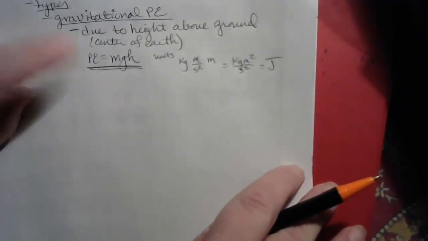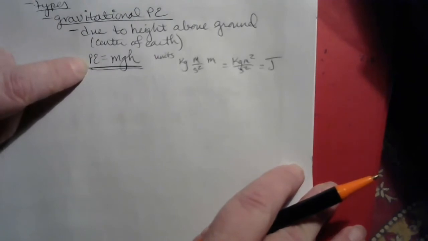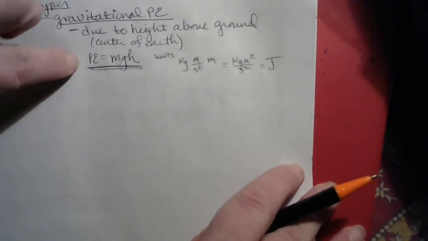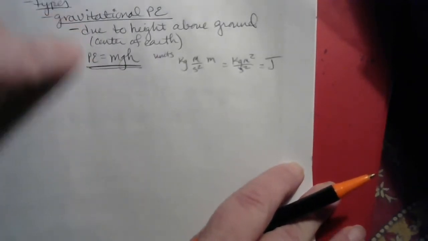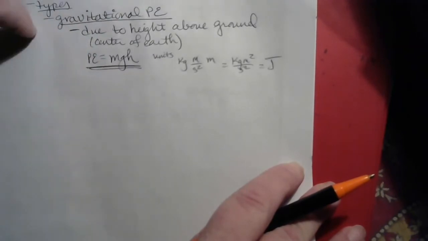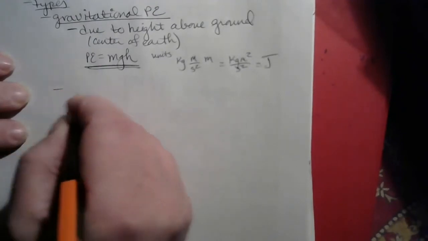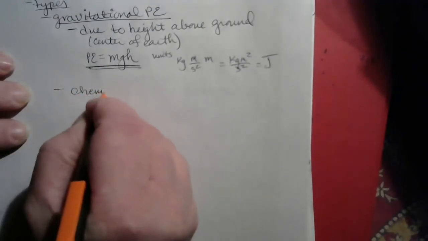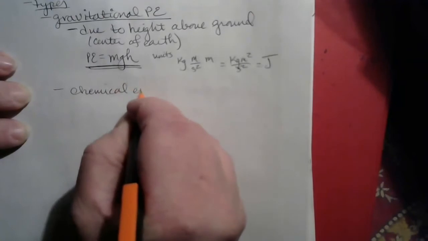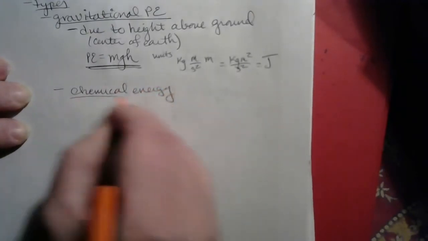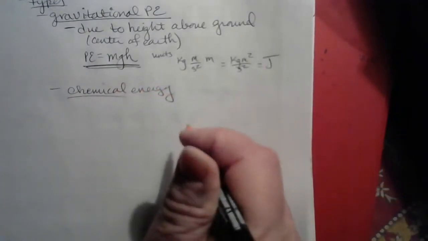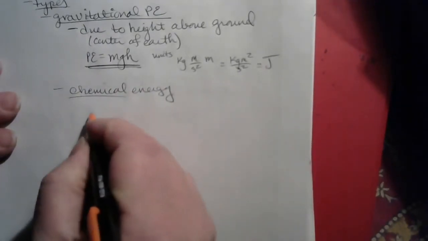That's the main type of potential energy that we're going to be concerned about here, because it's the type that's easily converted back and forth between potential energy and kinetic energy. But there's also other types of potential energy. Like, for instance, the kind as a chemist that I'm more familiar with is chemical energy.